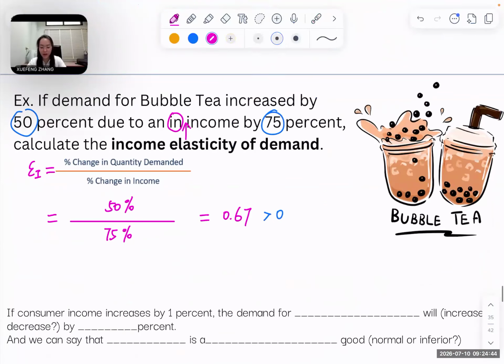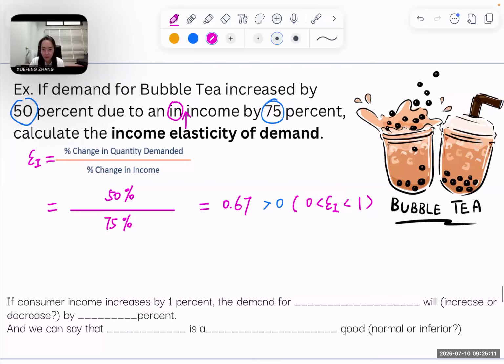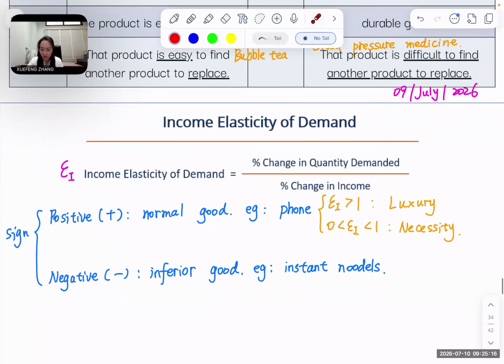Okay, so let's go back to the example here. Because the epsilon I, the income elasticity here, which is 0.67, it's positive, and epsilon I is between 0 and 1, right? So it means that the bubble tea here is a normal good and what? Go back here, is a normal good and necessity, okay?